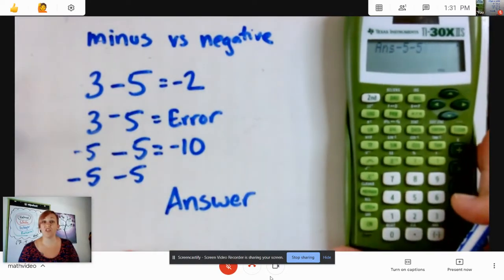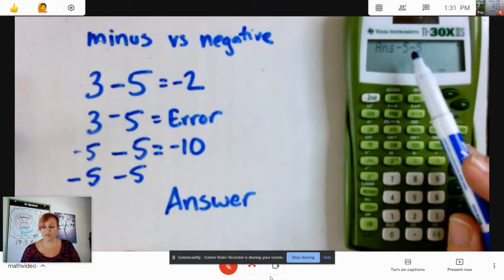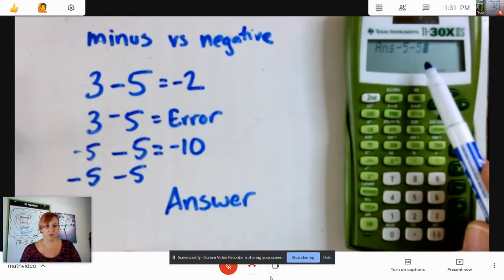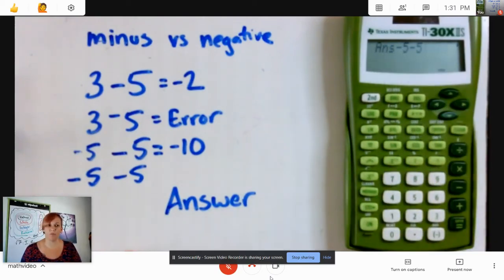So what your calculator is going to do is take the answer from the previous problem, subtract a 5, and then subtract another 5. Your calculator got confused because you're starting the problem with a subtraction sign, and it says, I don't have anything to subtract from. So again, just really pay attention. Is it a negative symbol or is it a subtraction symbol? And make sure to use the right button on your calculator.